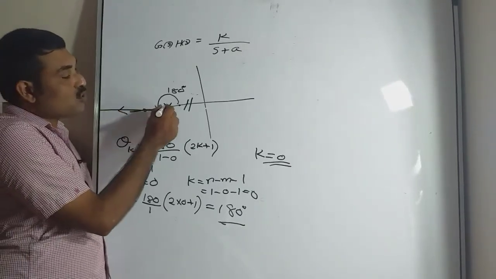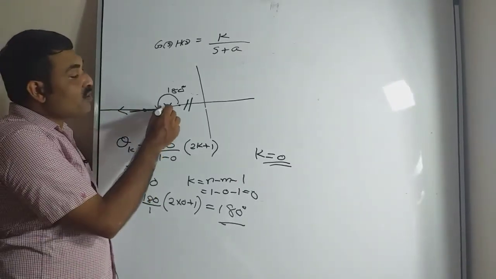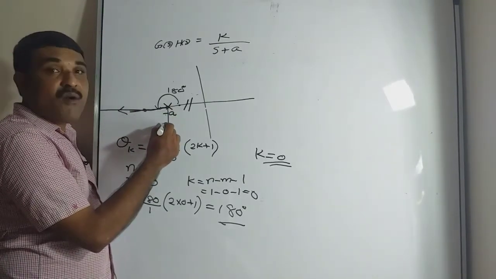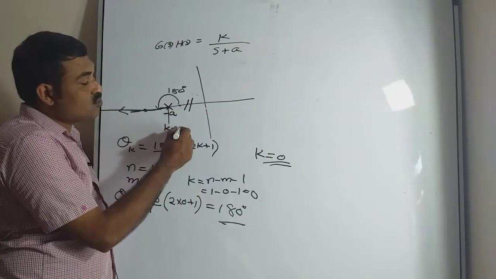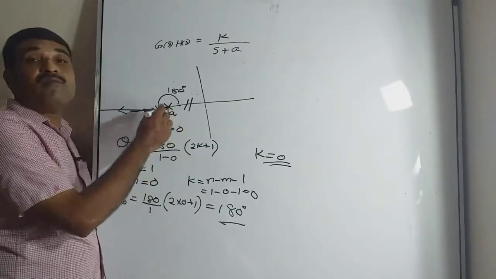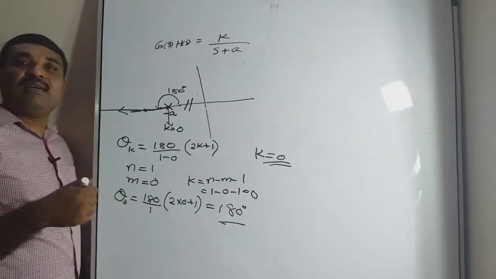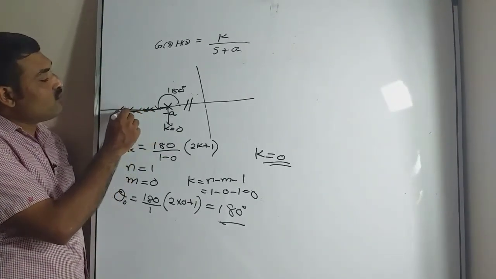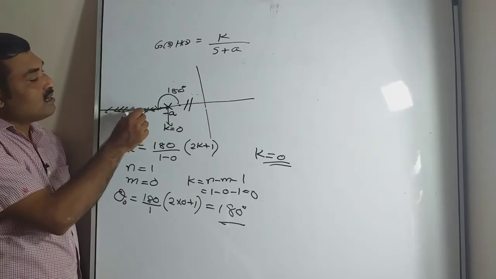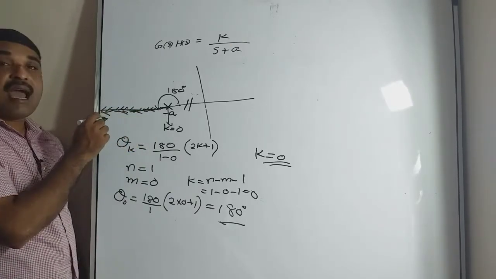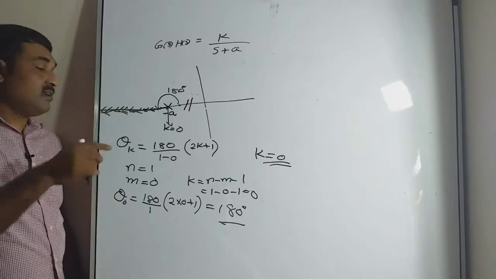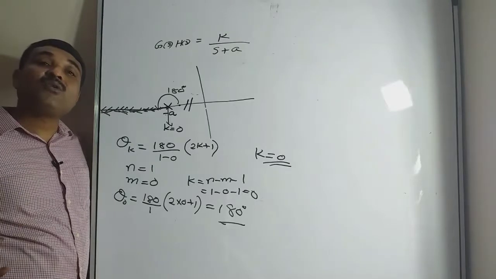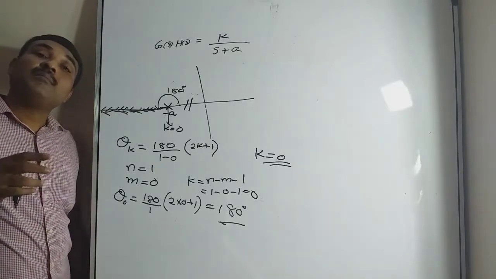So the root locus will start from an open loop pole at s is equal to minus a. At that time the value of gain k is equal to 0. When we increase the value of gain, the root locus will move along the negative real axis, and at k is equal to infinity it will reach infinity, and we are assuming there is always a zero at s is equal to minus infinity.